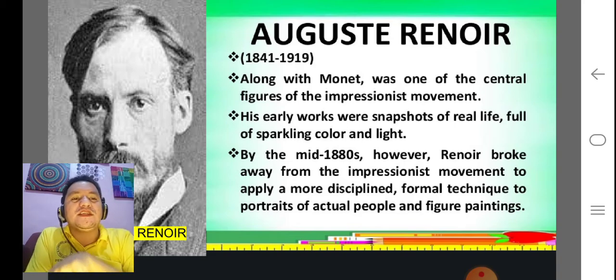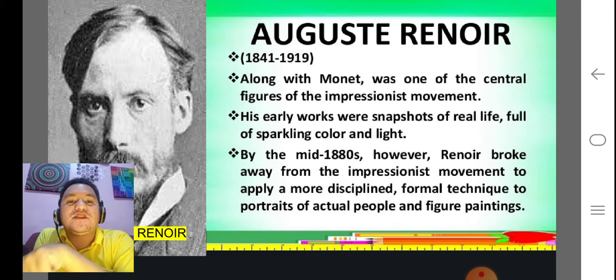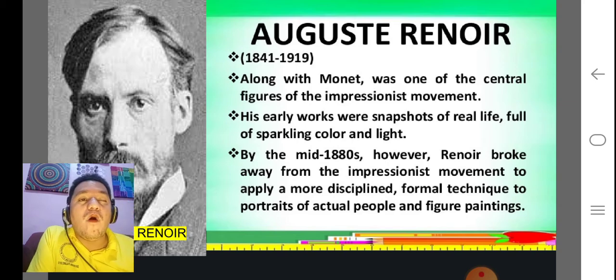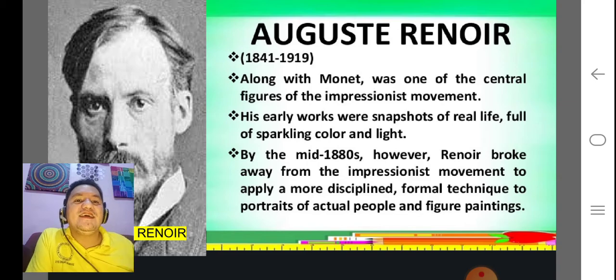He was focusing on real life situations before he came up with a particular artwork. So that is how Auguste Renoir was performing his art during his time. Okay? He also had a formal technique to portraits of actual people and figure paintings.